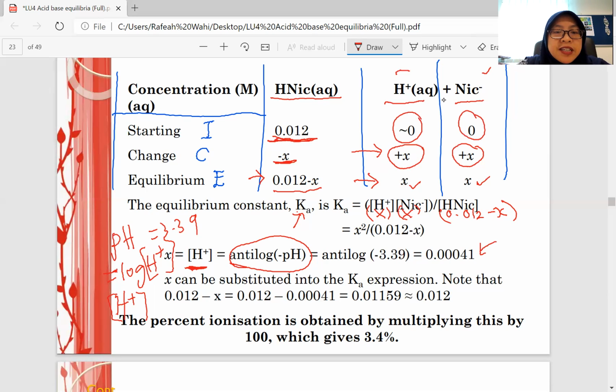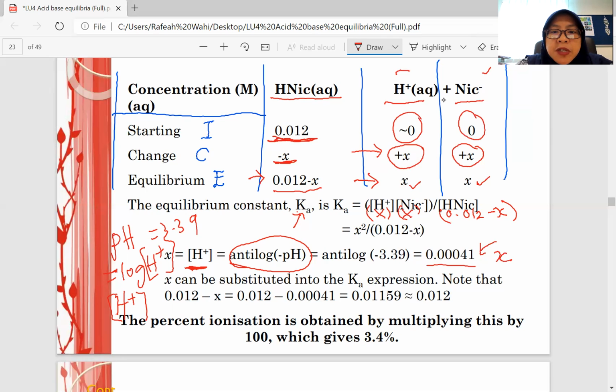Remember, whenever you have questions that involve finding the H plus ion concentration from the pH, you have to do the anti-log of the negative pH. This comes from rearranging the equation pH equals negative log H plus concentration. Now that you know the value of x, which is 0.00041, you can substitute it into the Ka expression.